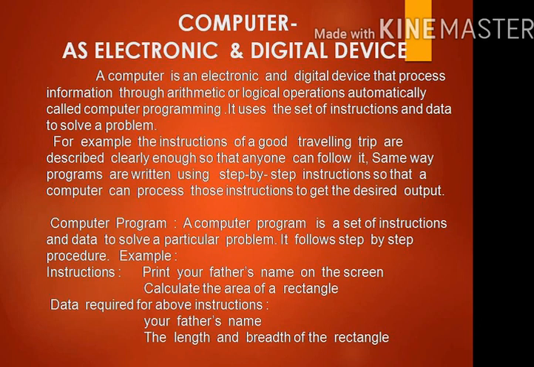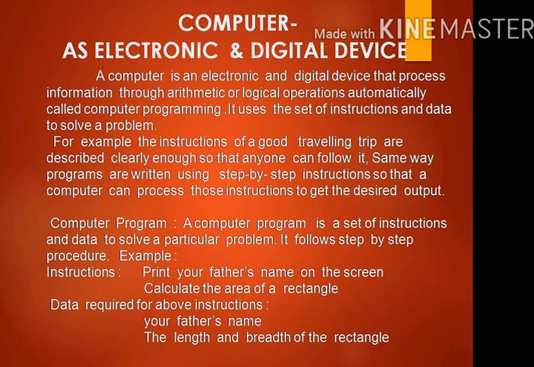It uses a set of instructions and data to solve a particular problem. For example, the instructions of a good traveling trip are described clearly enough so that anyone can follow it.